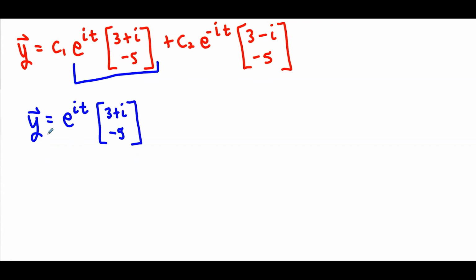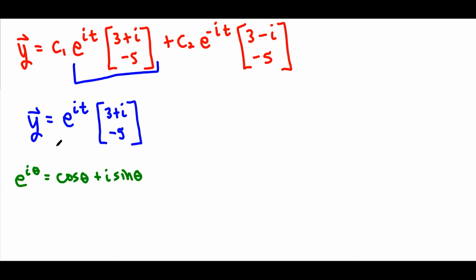Now remember, when we were doing second order equations, we used Euler's formula to get rid of this imaginary i. So let's look at that again. What is Euler's formula? Euler says e to the i theta is cosine theta plus i sine theta.